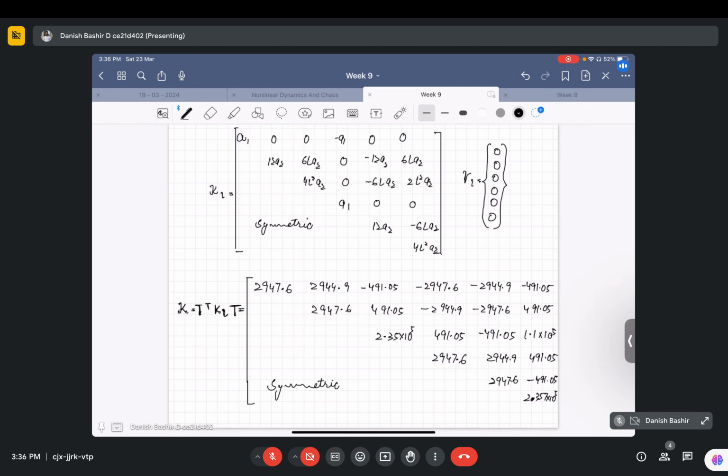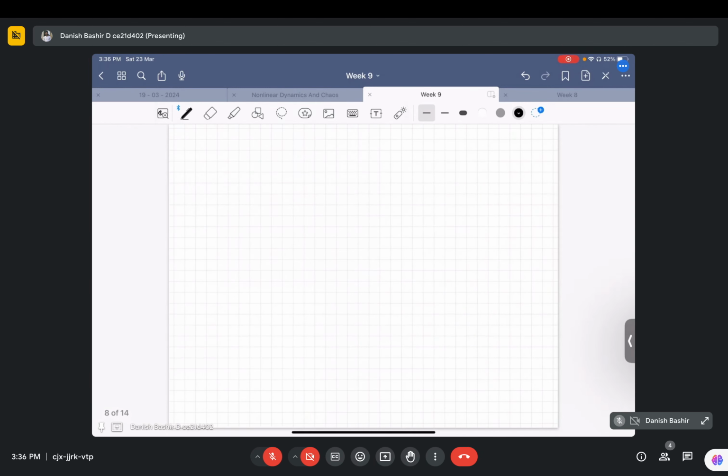So the same process we have to repeat for element 2. I will write directly all the things; you can compute these at your own pace.